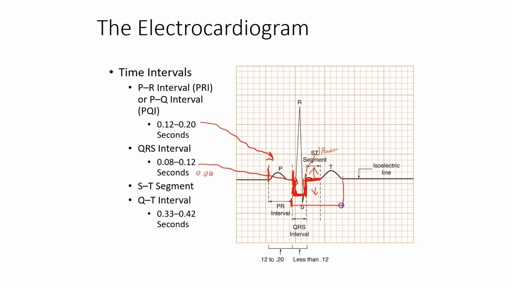So here's our QT interval, and this should fall between 0.33 and 0.42. An easy way to look at your QT interval is that it is rate variable. If it's less than half of your R to R interval, it's considered to be abnormally slow.